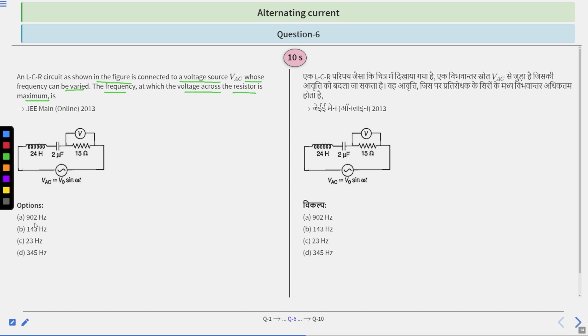Given options: option A is 902 hertz, option B 143 hertz, option C 23 hertz, and option D 345 hertz. Which option is correct? You have 10 seconds to solve this question. After 10 seconds, we will provide the solution.